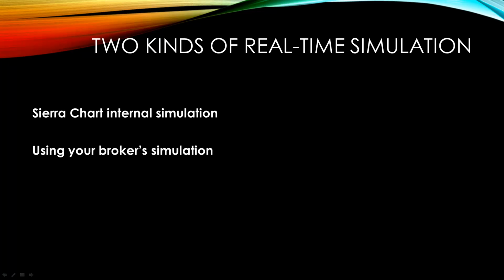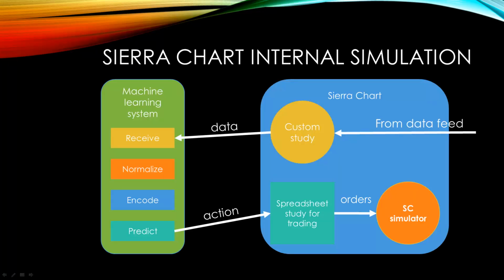We're going to start with the Sierra Chart internal simulation first. That's what this looks like. The data is coming in from whoever your data feed provider is. Sierra Chart is capturing that. There's a custom study that I've written that is processing it. It sends that data out to the machine learning system.